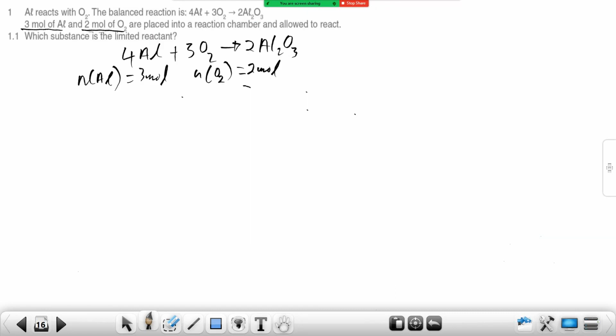What is the molar ratio here? Let's assume that aluminium has been used up. So I am going to work with aluminium and I will work with oxygen.